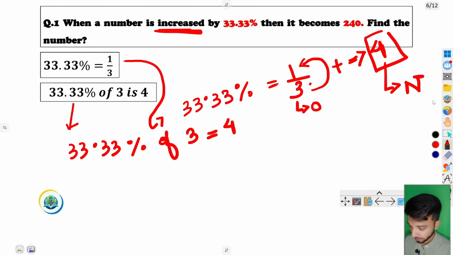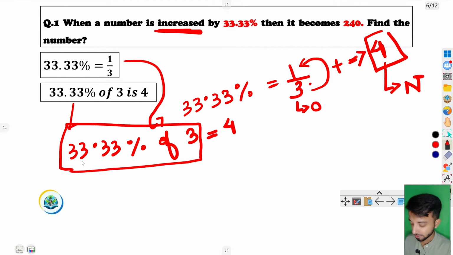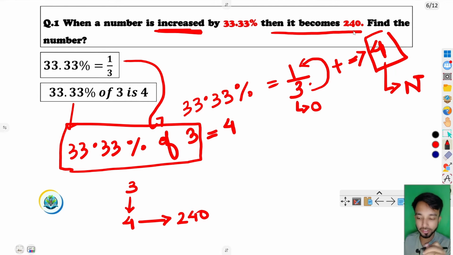We know that 33.33% of 3 is 4. So 3 was the original number. Now we got 4. According to the question, the value of 4 is 240. According to the question, it becomes 240.